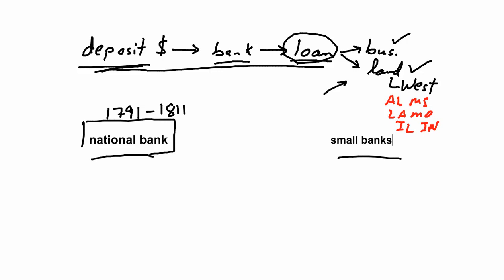But then there was a second national bank after that, and it worked in John Quincy Adams' administration, and then after that in Jackson's administration. So the National Bank is most famous under Alexander Hamilton, but again in these administrations.